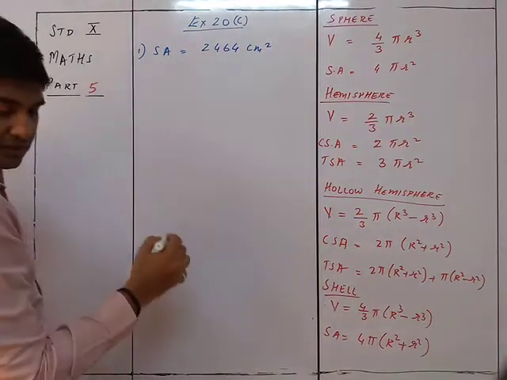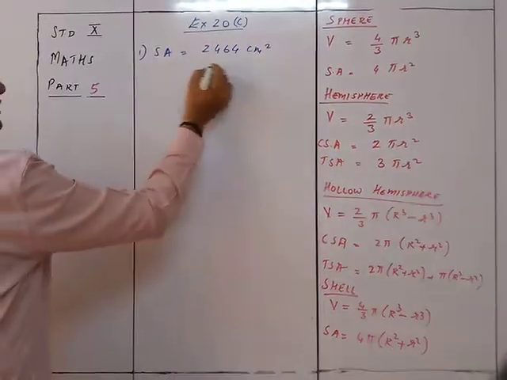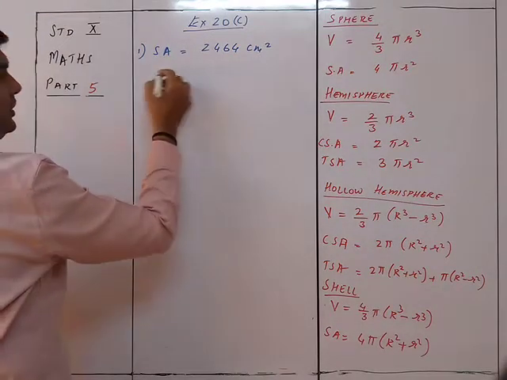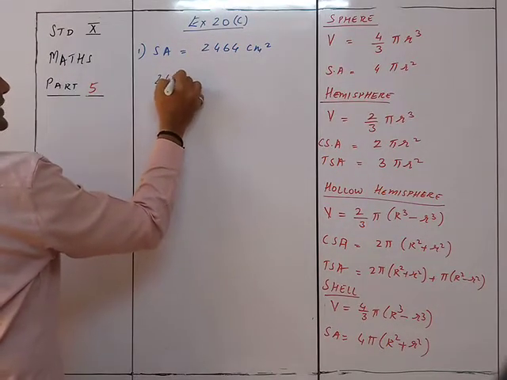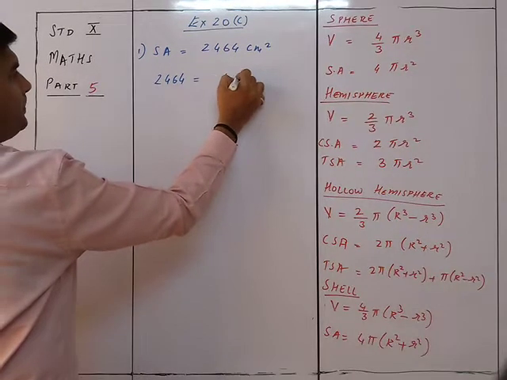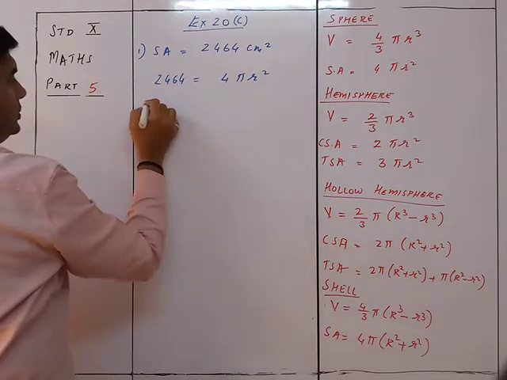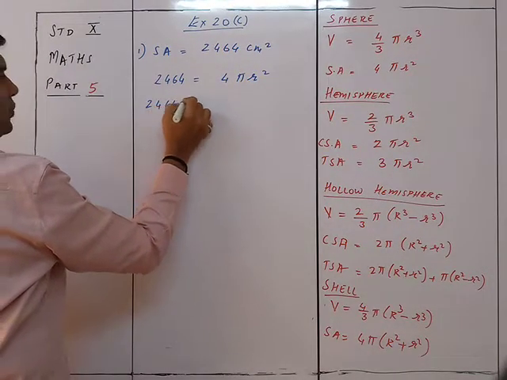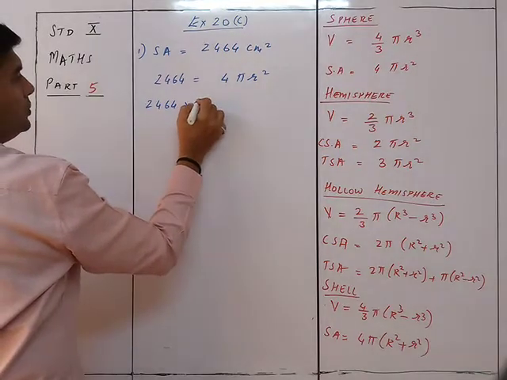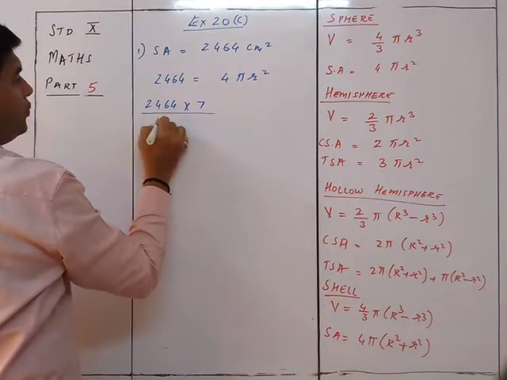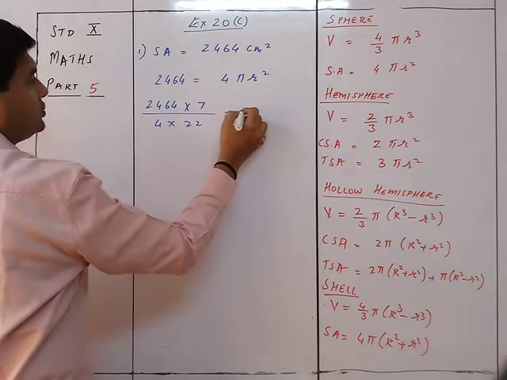You need to find out the volume. So first of all, we need to write the equation. So 2464 is equal to 4 pi r square. So 2464 into 7 upon 4 into 22 is equal to r square.